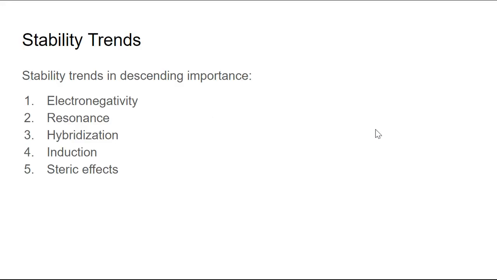Basically, for this problem, it's a review for covering stability factors, and it's pretty important to understand exactly what all of these mean and how they affect stability trends for reactions.